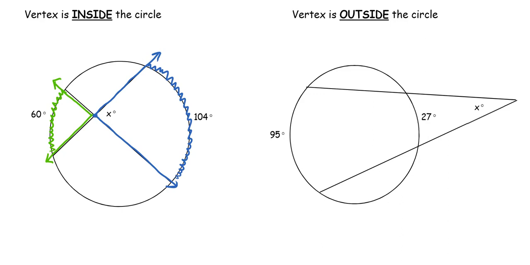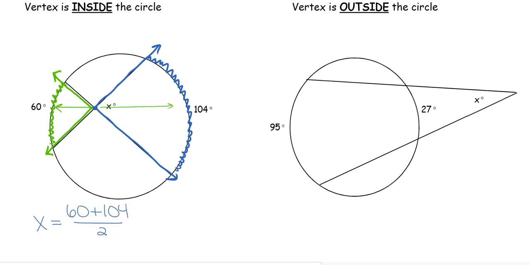So our formula here is, when I look at these intercepted arcs, for the angle x, we are going to add the intercepted arcs together and cut it in half. We're going to divide that by 2.